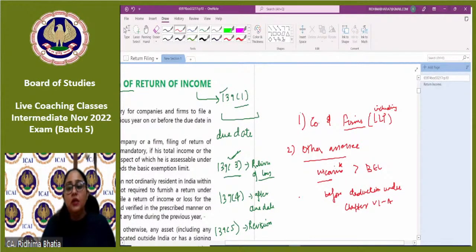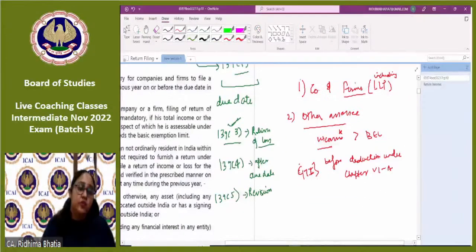But here, to decide whether to file the return of income or not, you have to see basically your gross total income. Can I say that? You have to consider your gross total income, the income before deductions under chapter 6A. Also, if you had capital gain in your income, then you have to consider income before exemption under section 54, 54B, 54D, 54EC, all of that, 54F.